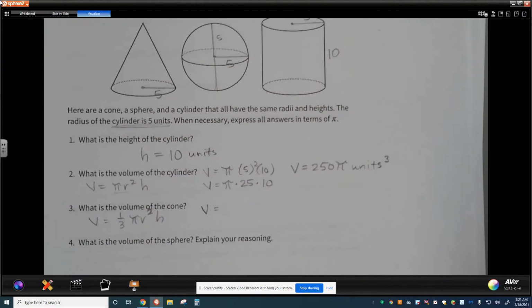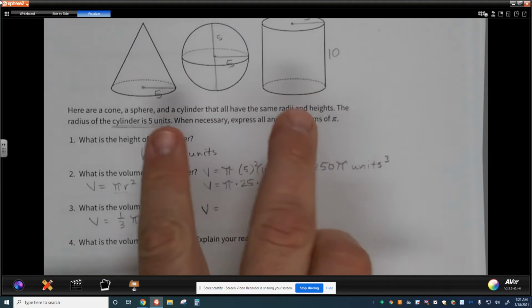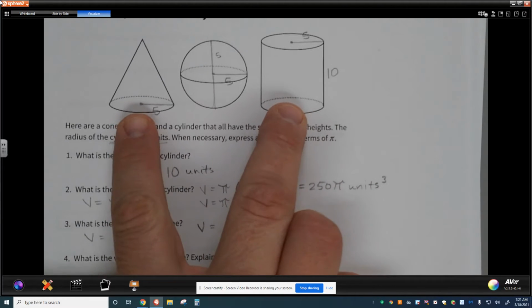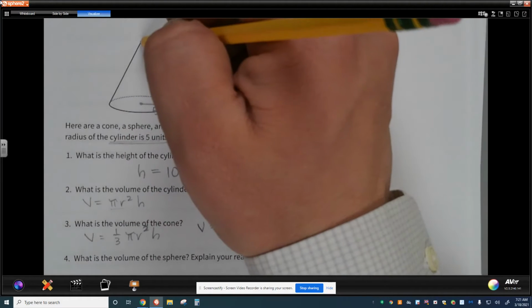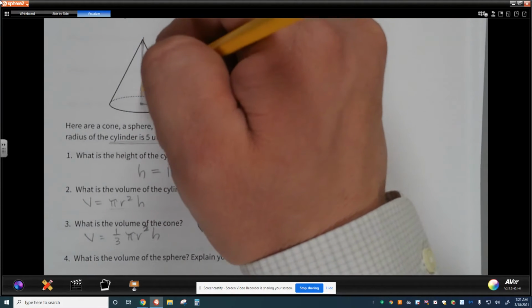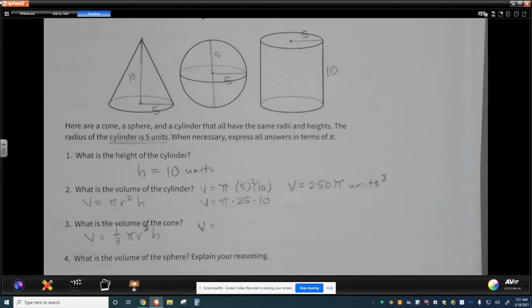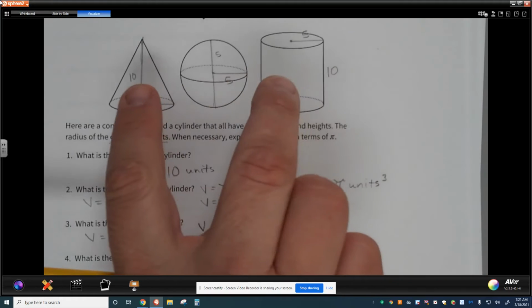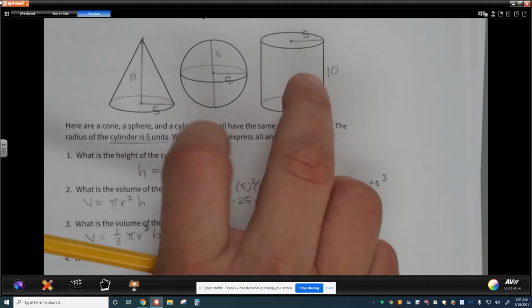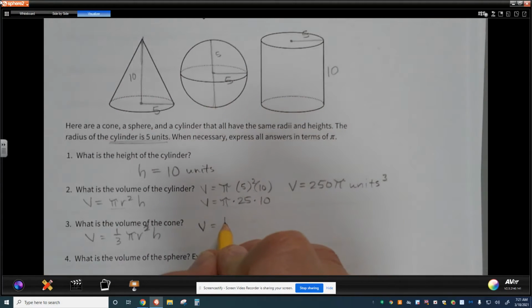Don't forget those labels. When we talk about the volume of a cone, we talk about 1/3 the volume of a cylinder. And since these two figures, the cylinder and the cone, have the exact same height, I can go and label this one as 10 units. And they have the same radius. We know that this cone is exactly 1/3 of the cylinder.